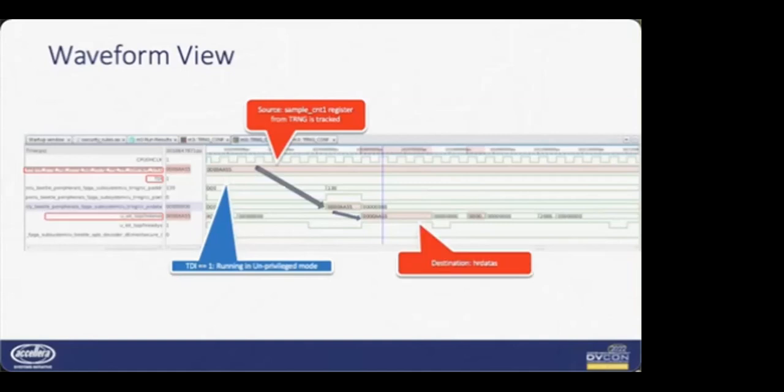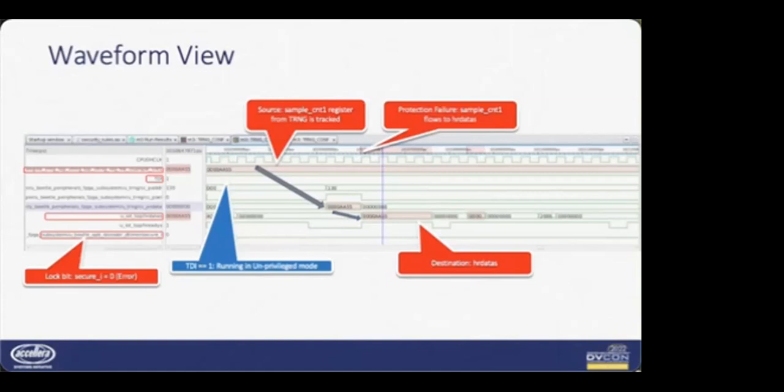And we trace the flow of information by looking at the red shade in the various signals that lead to the destination here. The destination is HR data S, but the CCPR data bus, which was driving the HR data bus, is also red, which means that there was a flow of information from the source to the destination, and that is depicted by the failure that shows up with the little red line.